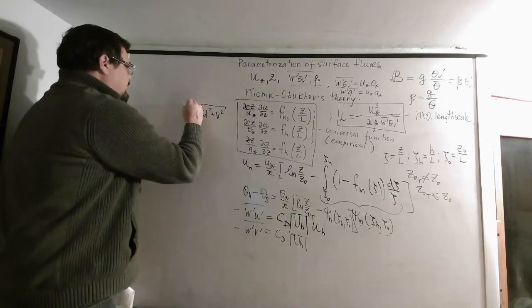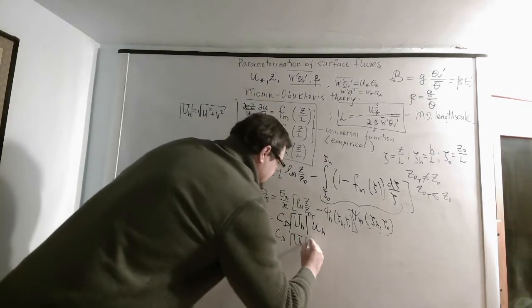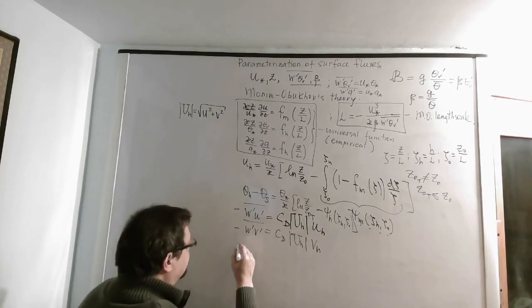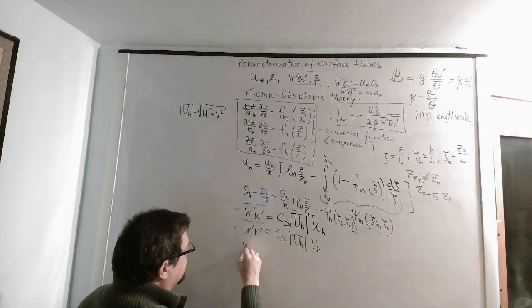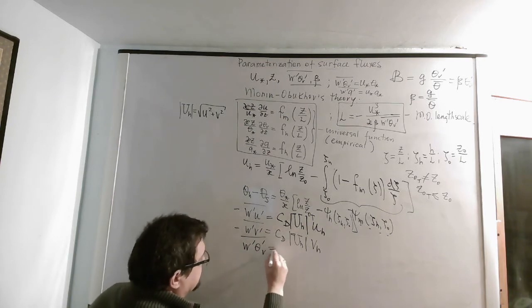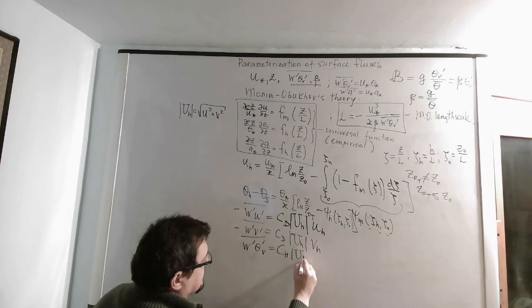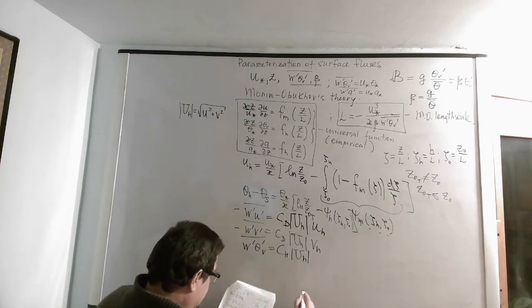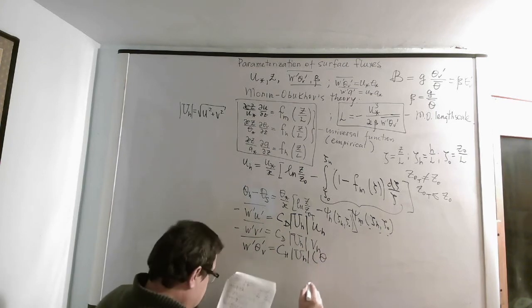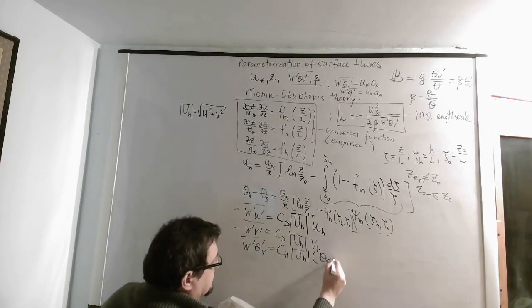So minus w prime v prime equals C D, again the same U h, times v h. And heat fluxes, which will be written, say, for the buoyancy flux, is equal to C H U h times theta s minus theta h.